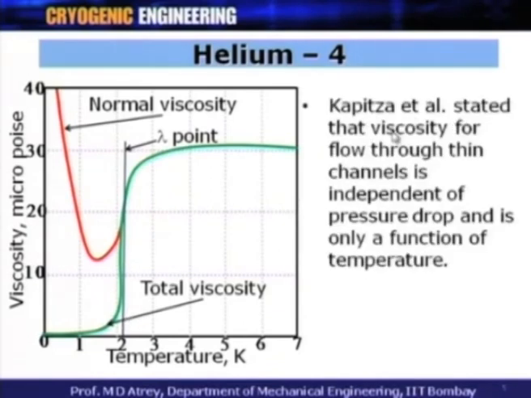Kapitza et al. stated that viscosity for flow through thin channels is independent of pressure drop and is only a function of temperature. So, here you can see that as you reduce the temperature, the viscosity starts changing, it decreases, although the normal viscosity is showing an increase. But the normal component, that is helium-1, is less and less as you go down the temperature towards 0 Kelvin. And then we found that a two fluid model could explain this behavior. We talked about that last time. I will not touch that this time.